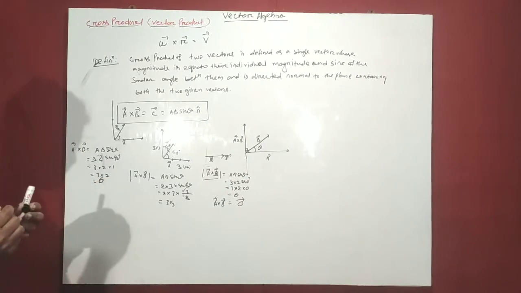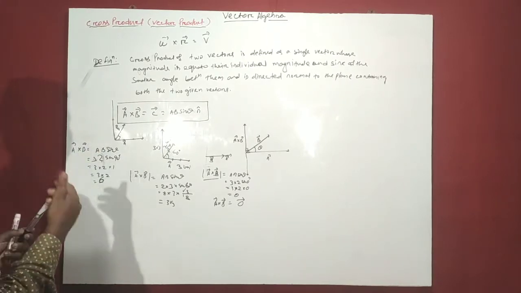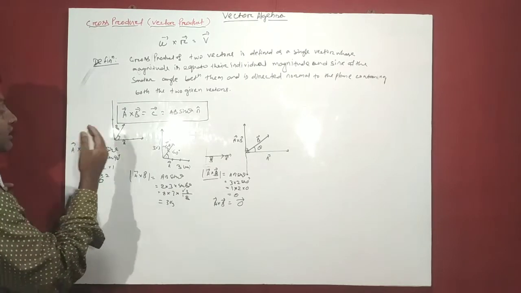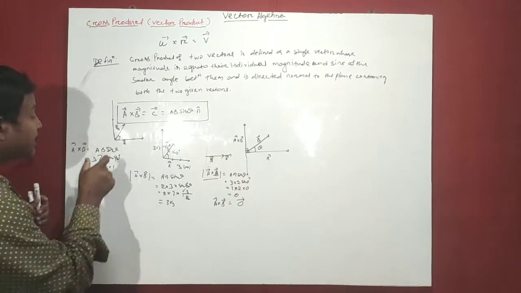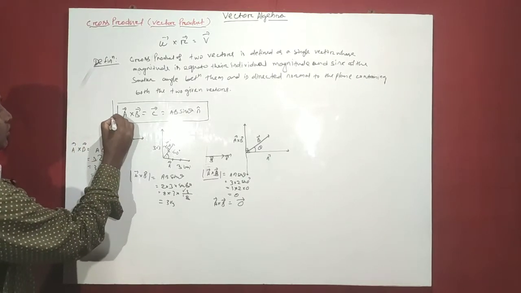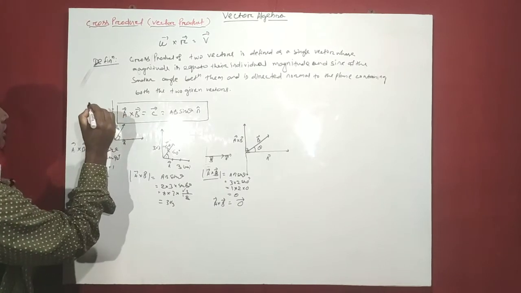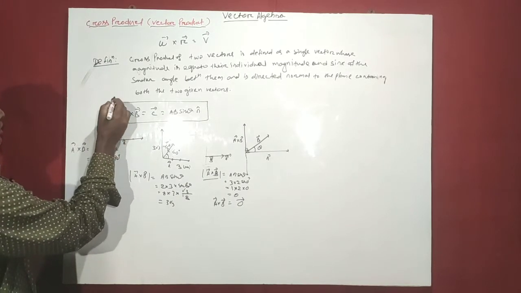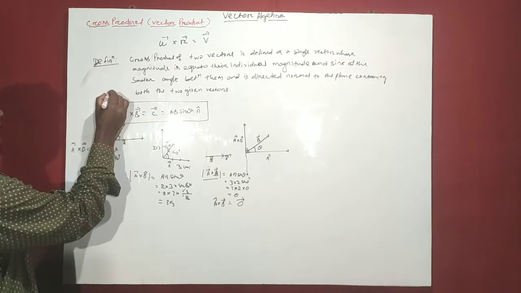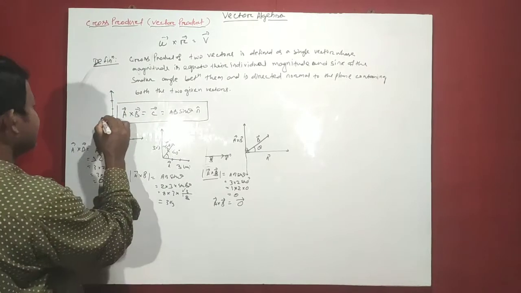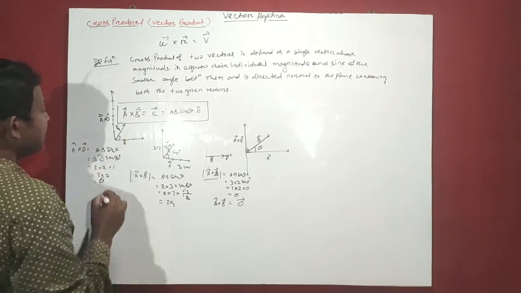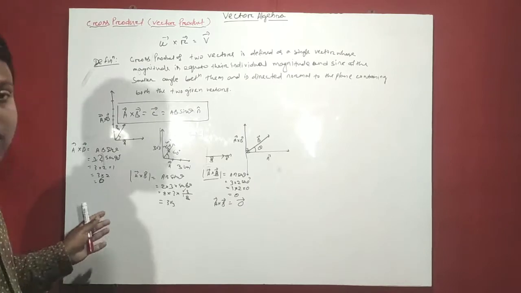That means when the angle between the two vectors is 90 degrees, the magnitude of the cross product is just the product of the magnitudes of the two vectors. This is A cross B, directed perpendicular to that plane.